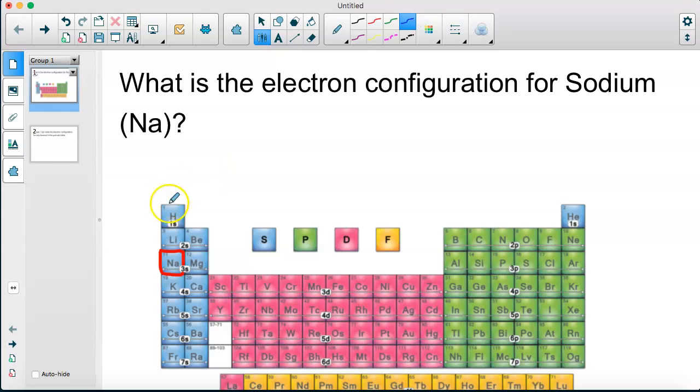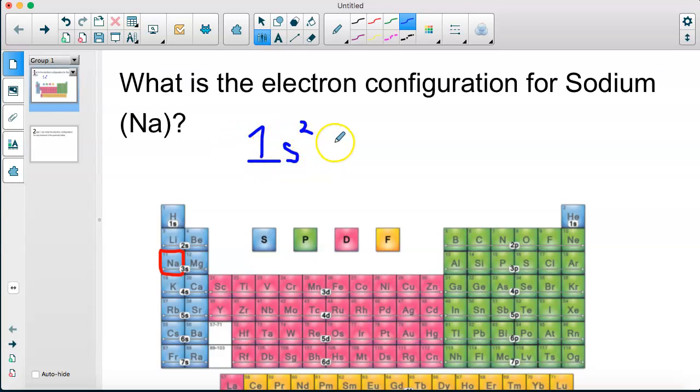Cool. We always start at the beginning. We're reading our periodic table like a book. We're reading our electron address, our MapQuest, our Google Maps to understanding the electrons in an atom. 1s2, because there's a maximum number of 2 electrons in the first energy level.